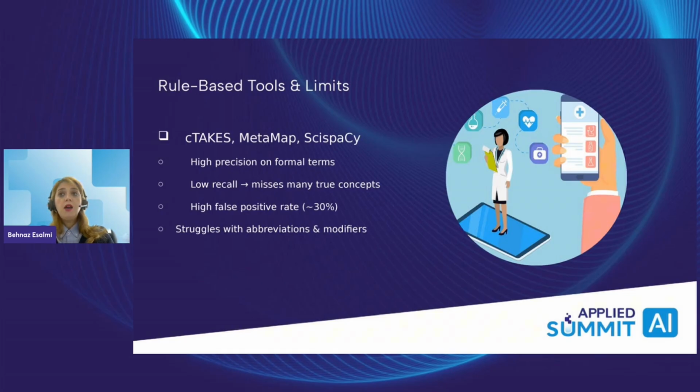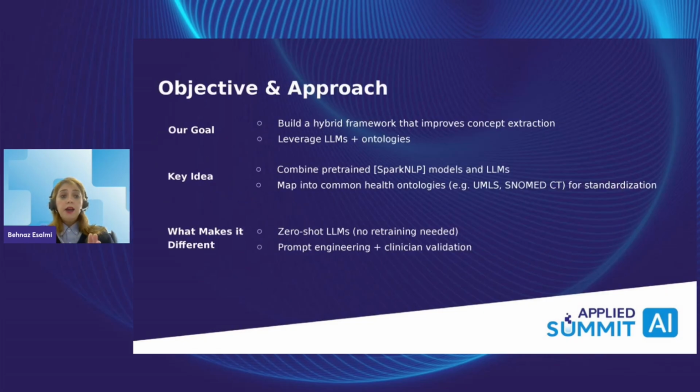To move beyond those limitations, we built a hybrid framework. If I want to talk about the objective and approach behind it, we focus on improving concept extraction by combining Spark NLP's biomedical NER models with LLM-based semantic reasoning.